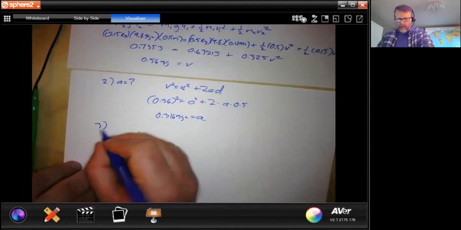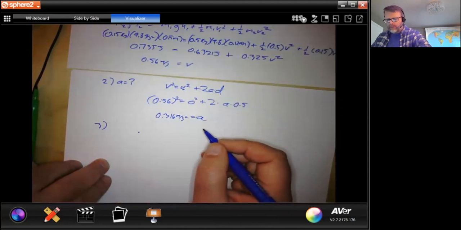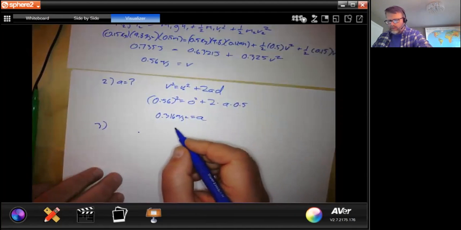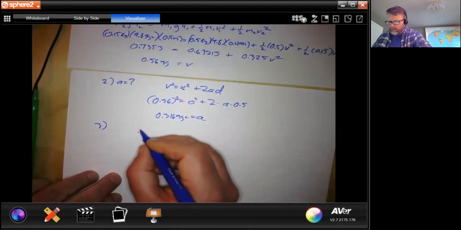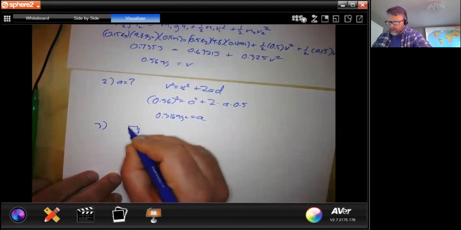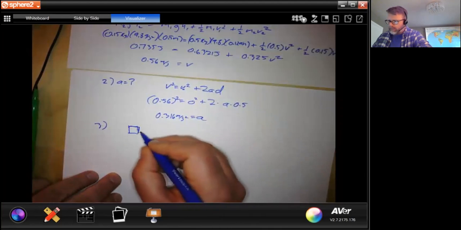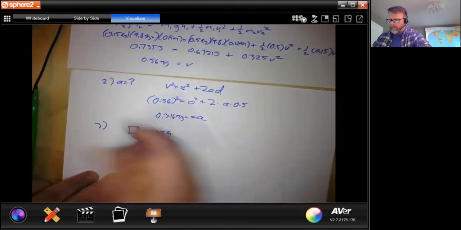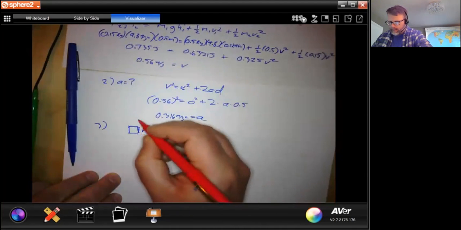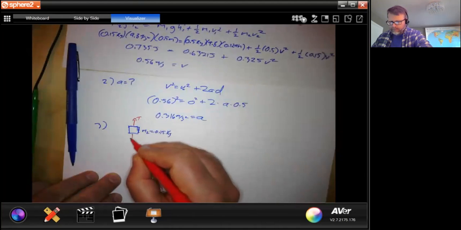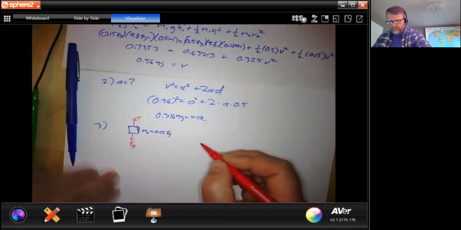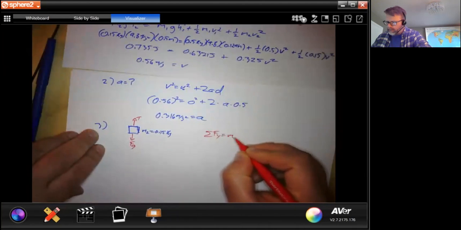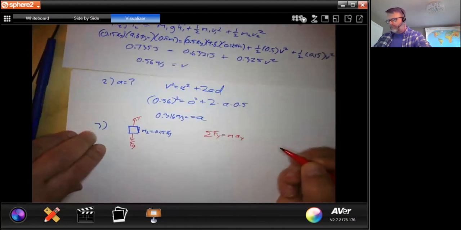Okay, this next one is a little bit trickier, and there's two different ways to solve this. I'll actually walk through and solve both scenarios, because in class I just did one. So in class I just showed you, if we are looking at M2, and we want to look at, here's tension and here's the force of gravity, then we can say that the sum of our forces in the y equals mass times acceleration in the y.